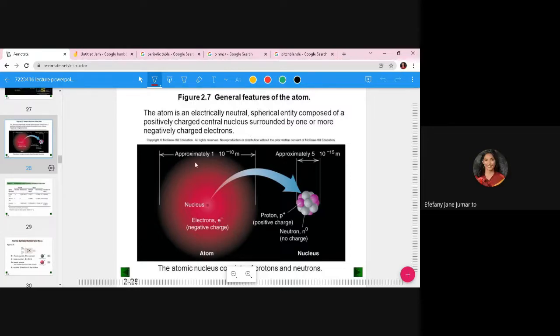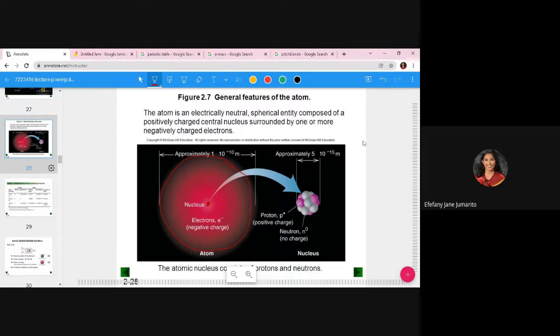So if this is your atom, here is the nucleus. The nucleus is at the center. So what can we find in the nucleus? Proton and neutron, ma'am. Okay, we have the protons and neutrons inside the nucleus. Then what about the electrons?